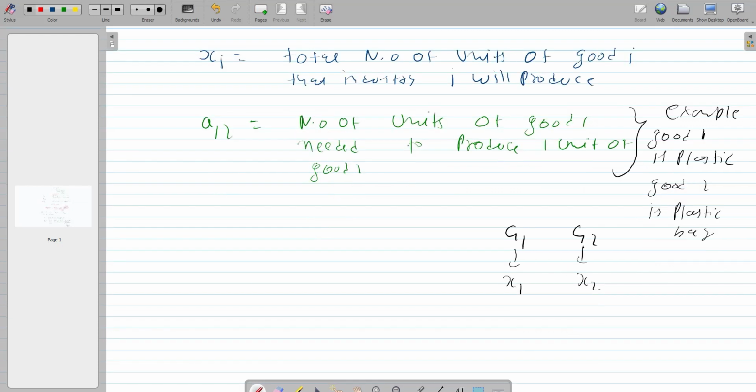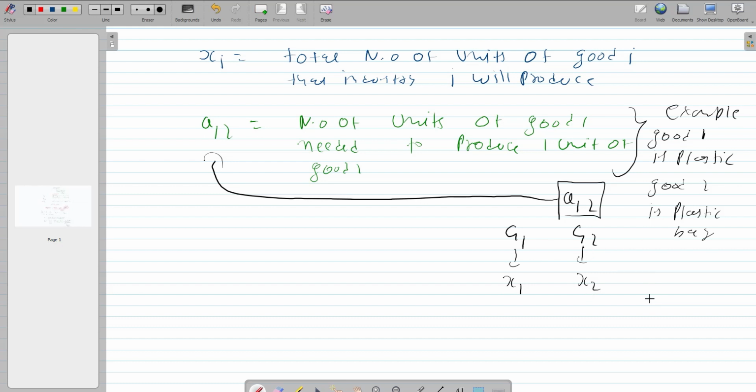Now we know that a12 amount of good one is needed to produce 1 unit of good two.